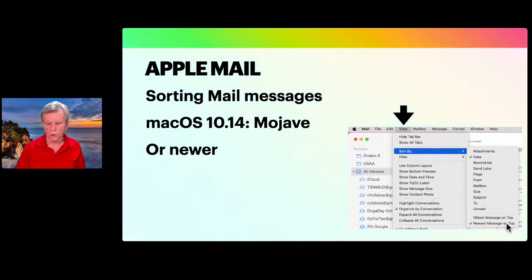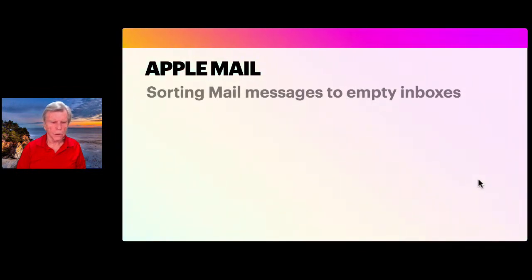That's what you normally want to see. But you can see here you have other criteria such as from, size, subject, unread, remind me, which is a new feature we've talked about recently, and send later, another new feature. So you can choose any of those criteria to help you sort through your mail.